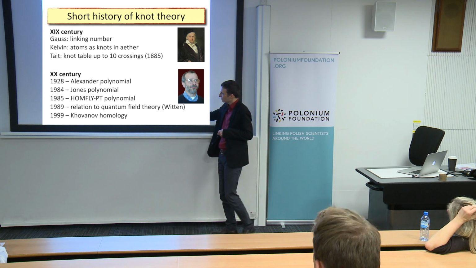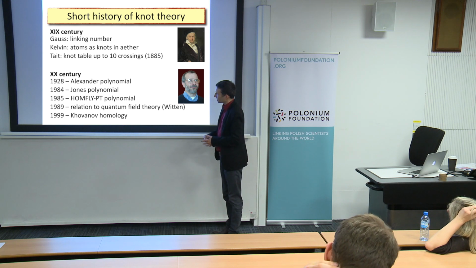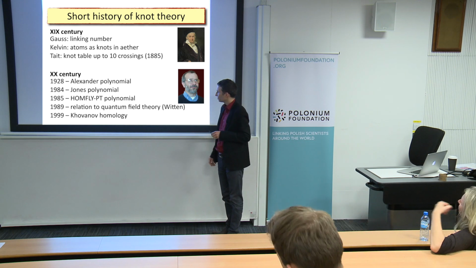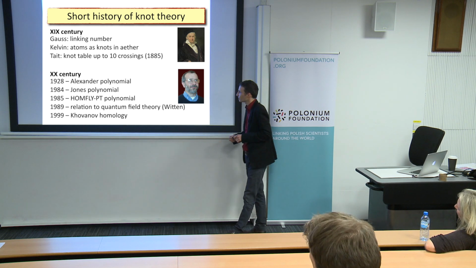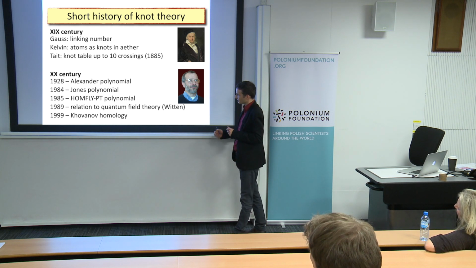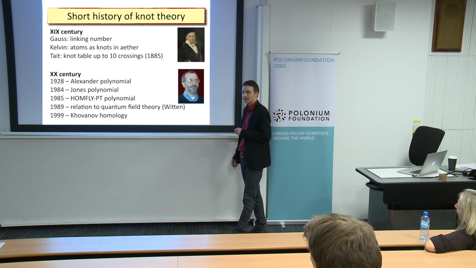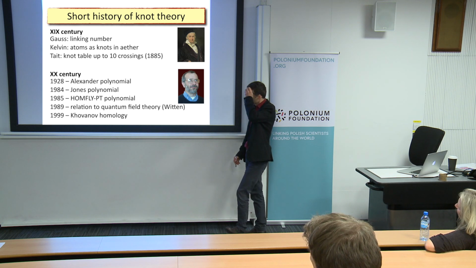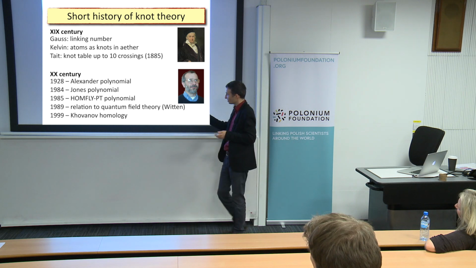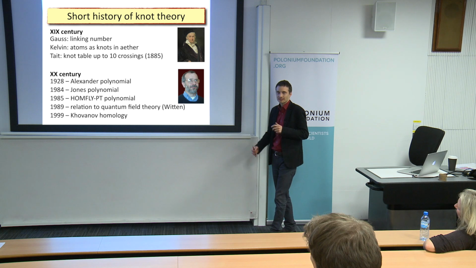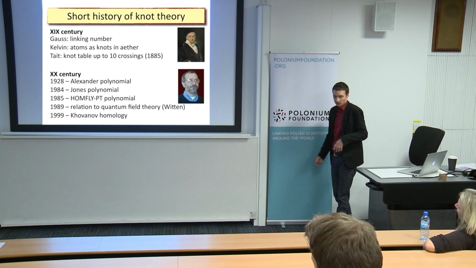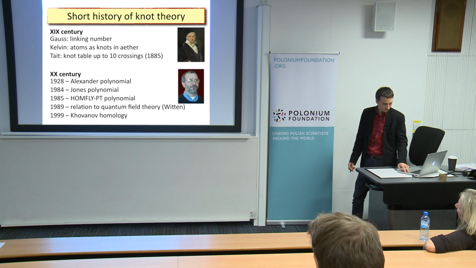And in 1999, which is like 20 years ago, another breakthrough came, and Khovanov, also a mathematician, defined something which is called knot homology. This is a more complicated type of invariant. If some of you are mathematicians, then you might have heard of homology theory, and he found some way to define such theories and assign them to knots, and they form more powerful knot invariants.